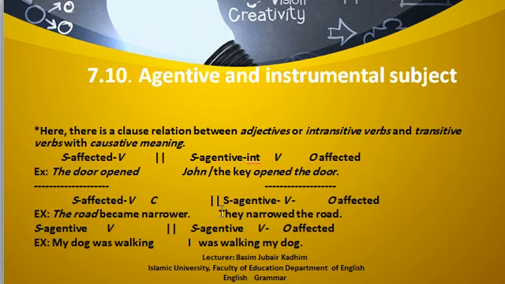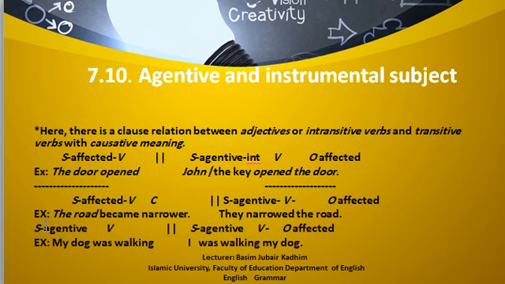Now here it has a relationship with subject, agentive, the role of the subject here is agentive, and verb with affected object. They narrowed the road. Now here the road became an affected object. Then the adjective here, narrower, became a verb which is narrowed.